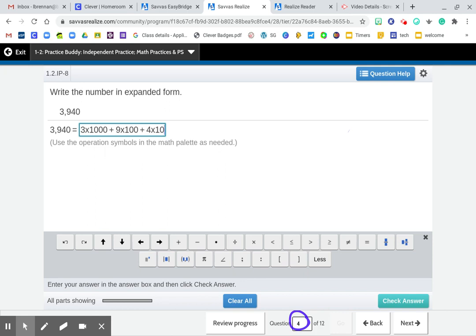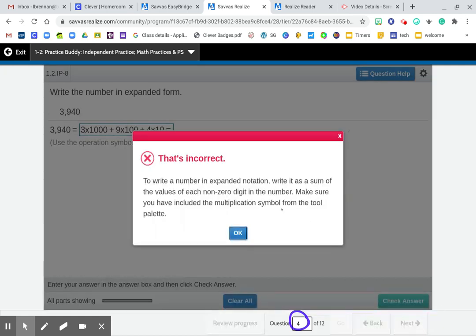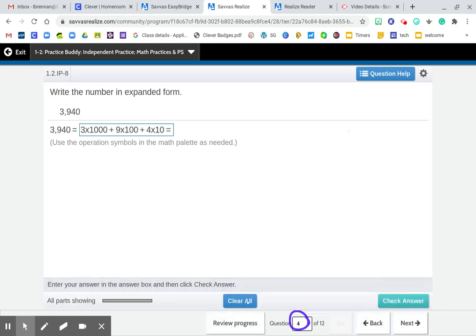And sometimes this gets a little annoying if you don't put all the right numbers in. So to write expanded notation, write it as a sum of the values of the non-digit 0 in the number. Make sure you've included the multiplication symbol from the tool palette. And that's what I didn't do.